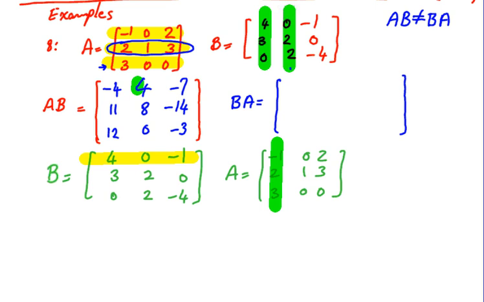So let's try. Minus 4, 0, minus 3. So what is my net so far? Minus 7. That by itself, proof enough that this is not going to be the same as that, because these entries are different. How about the next one?